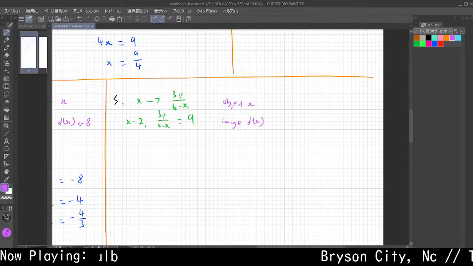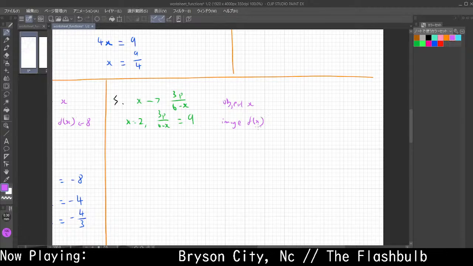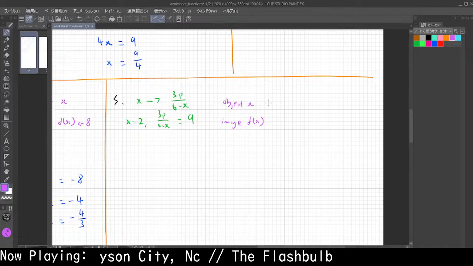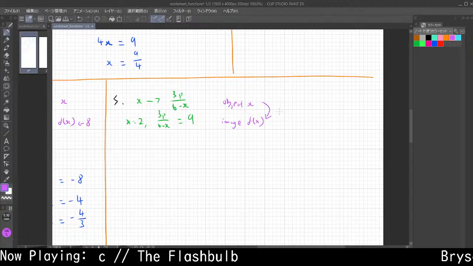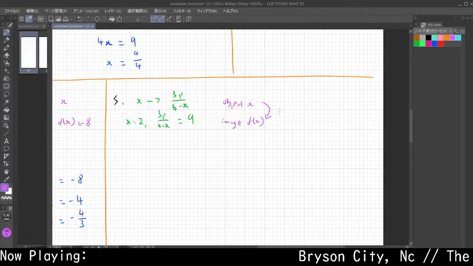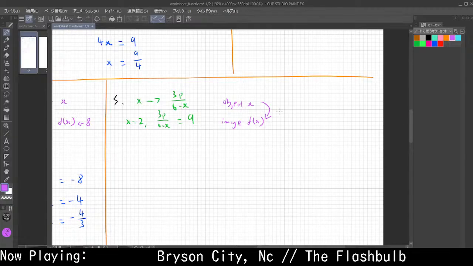So an object which has no image means that if you have a value of x but throw it into your f(x), you will get an invalid, non-existent, undefined answer.